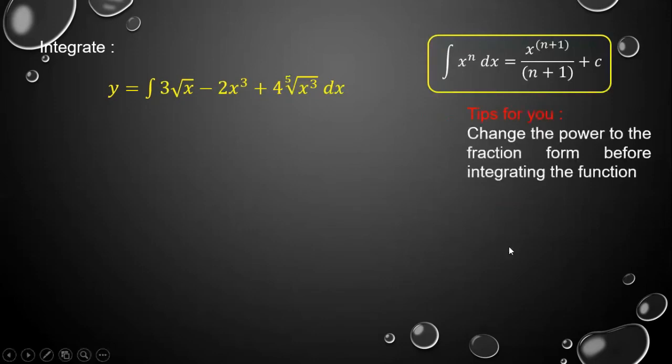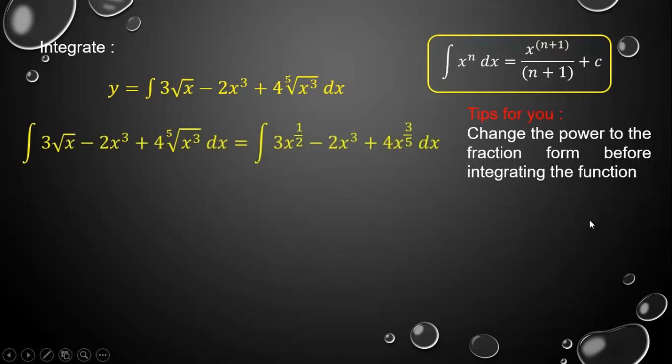Tips for you. Change the power to the fraction form before integrating the function. So this equals integral of 3x to the power of half minus 2x cubed plus 4x to the power 3 over 5 dx.